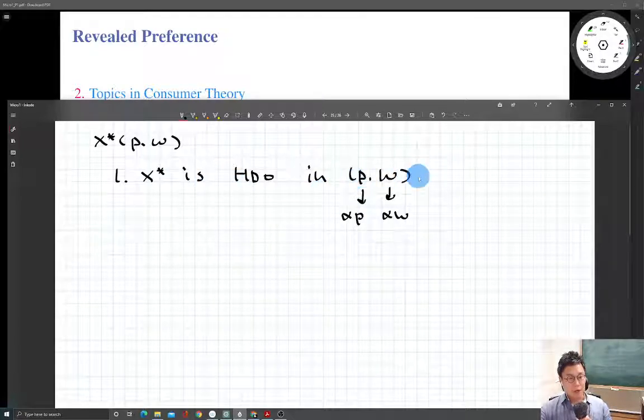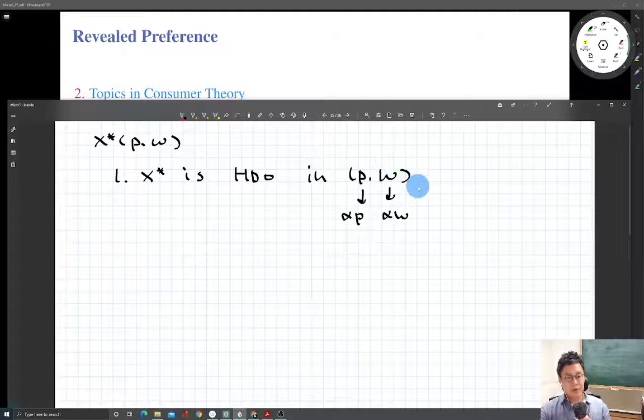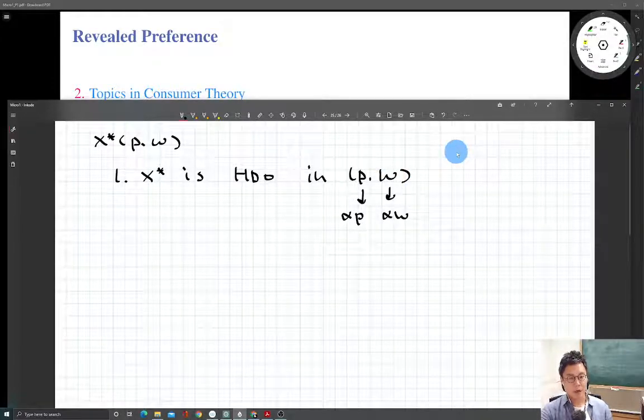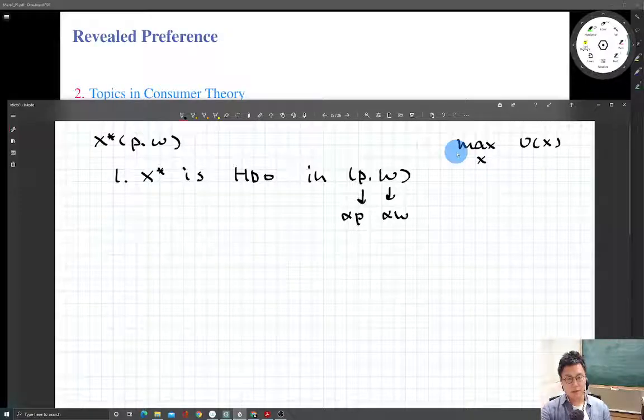This is due to the property of the structure of the UMP, because in that problem we assumed the consumer chooses one bundle to maximize this quantity, this utility function, subject to p dot x is smaller than or equal to w. So given this budget constraint, a change in parameters p and w does not affect the objective function.